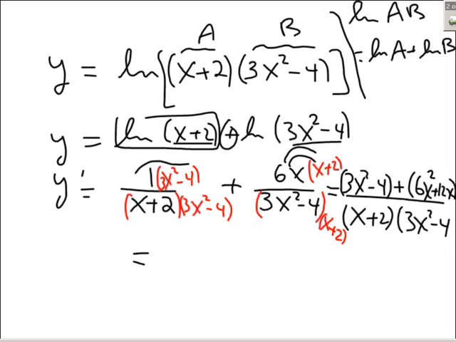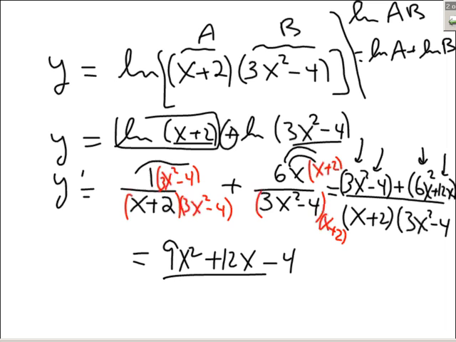And that numerator is going to be 3x squared plus 6x squared, which is 9x squared, plus a positive 12x, minus that 4. And this is all over x plus 2 times 3x squared minus 4.